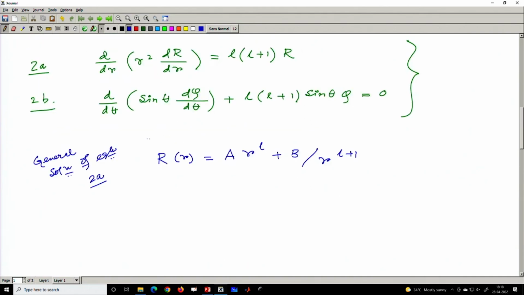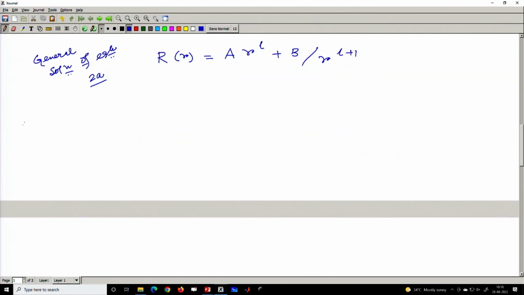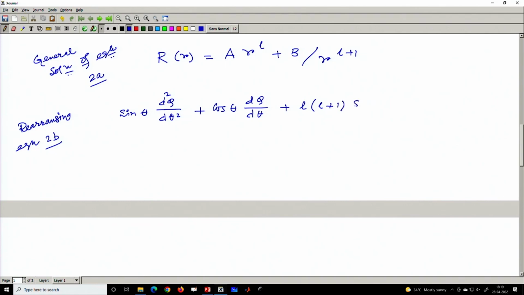So, I can rearrange these things a slight by doing all these derivatives, and rearranging equation 2b, what I get is this: sin theta d2q d theta square, then plus cos theta dq d theta, plus L into L plus 1 sin theta q equal to 0.